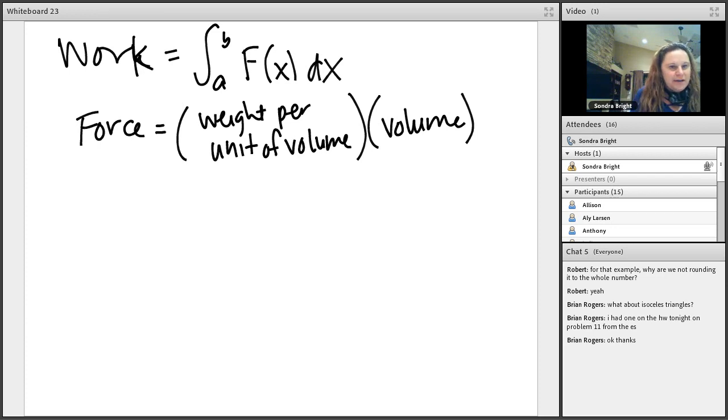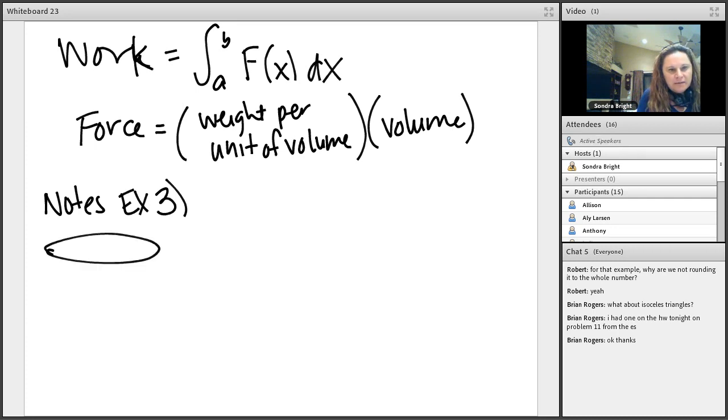Let's do your notes, example 3. Okay, where they give you this conical tank. It's on its apex like that, and 10 is the height, and the radius at the top is 5, and then it's filled to 8.